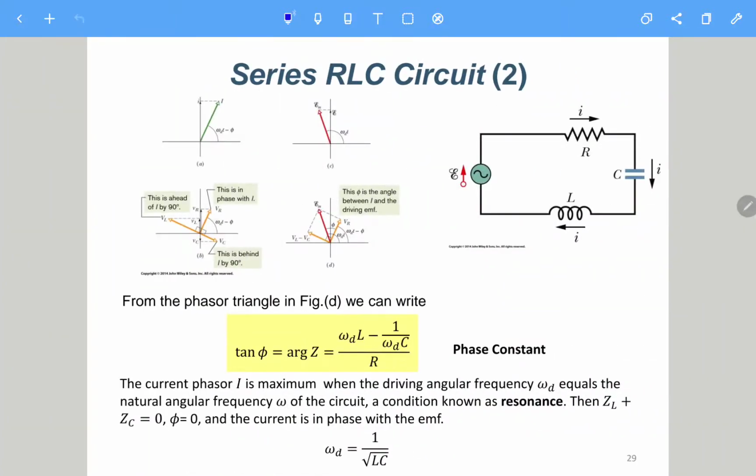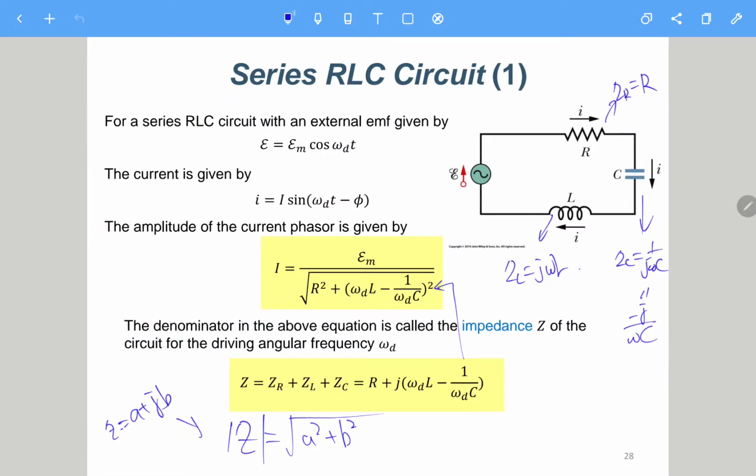Okay, and then it also tells you that tangent phi will be the imaginary part over the real part. For z equals a plus jb, tangent phi will be b over a.